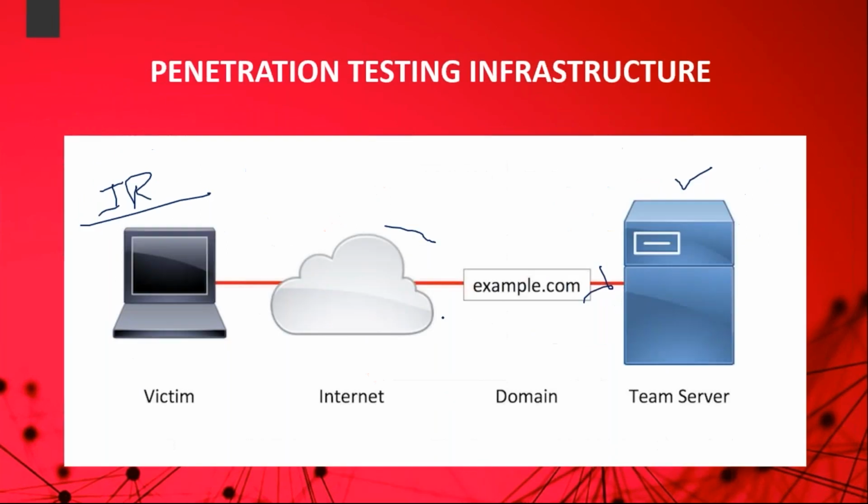Because here, if I got to know about your team server, everything is gone, right? If I'm the incident responder, the first responder, and I got to know about the attack, and I got you, right? You got busted. So you have to change everything.